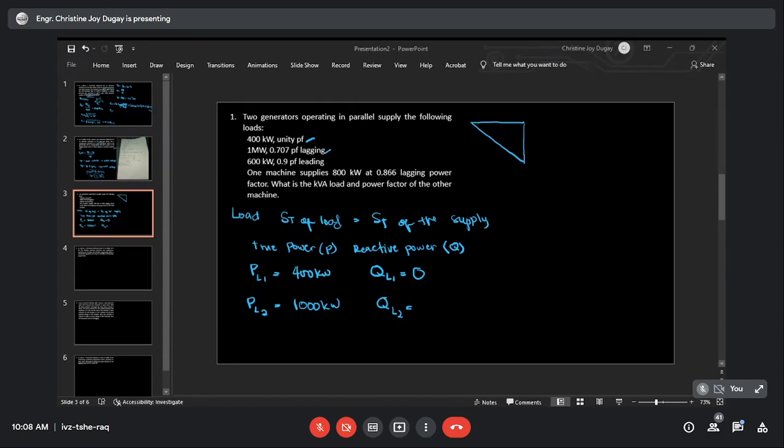Yes, Mr. Salom. What is our sign for that? Is it positive or negative considering its lagging power factor? Negative po. Tama yung nagsabi ng negative kanina. Bakit? Lagging siya. Pag sa power, kapag lagging, ibig sabihin negative yung Q natin. Matandaan po ba ninyo?